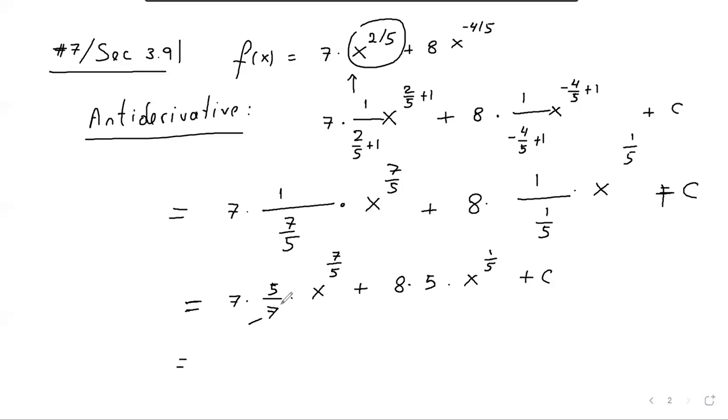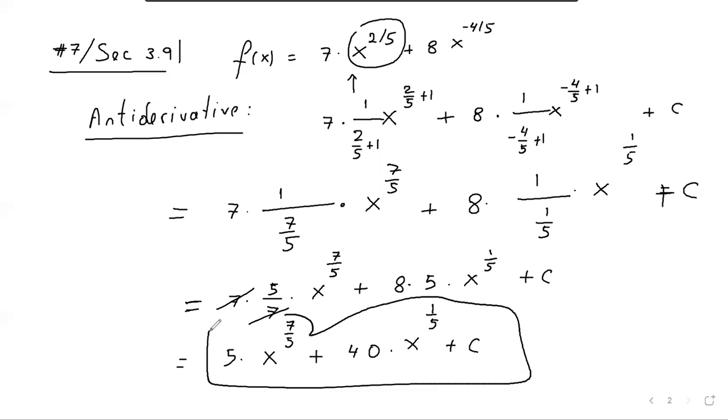So this is going to be 5 times x to the 7/5 plus 40 times x to the 1/5 plus a constant. So this is going to be the final result, folks. This one that I wrote here, 5x to the 7/5 plus 40 times x to the 1/5 plus c. All right, so this is the antiderivative.